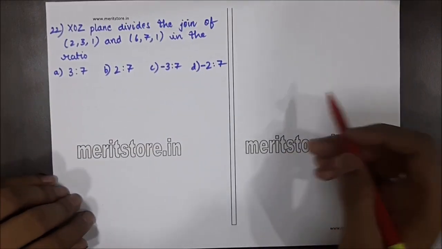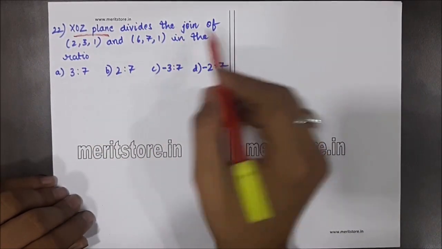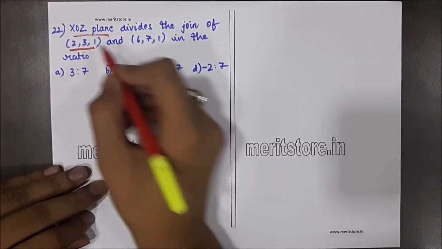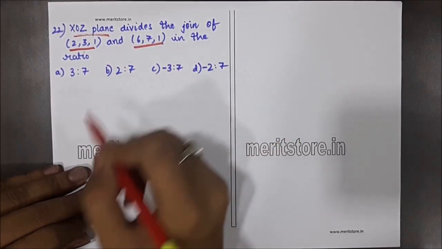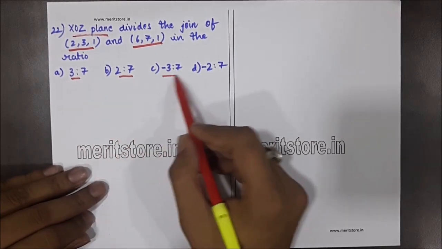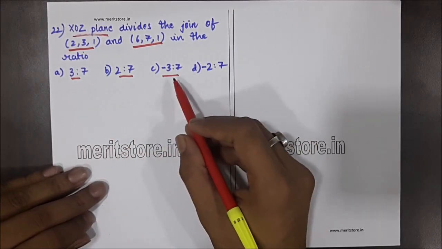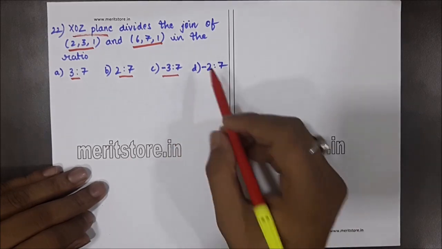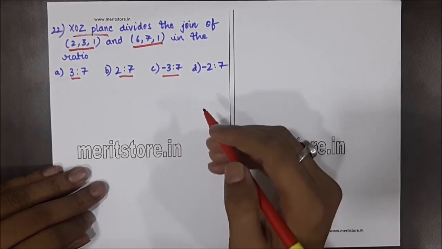Question number 22. The XOZ plane divides the join of (2, 3, 1) and (6, 7, 1) in the ratio 3 is to 7, 2 is to 7, -3 is to 7, or -2 is to 7.